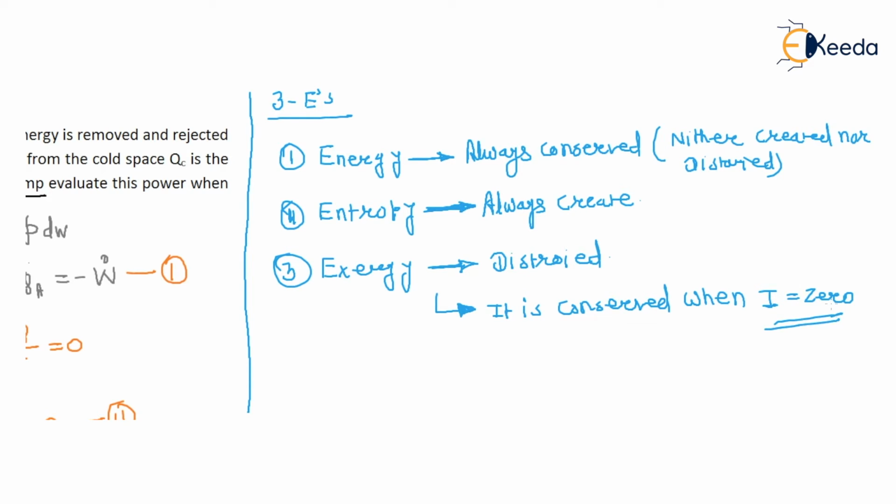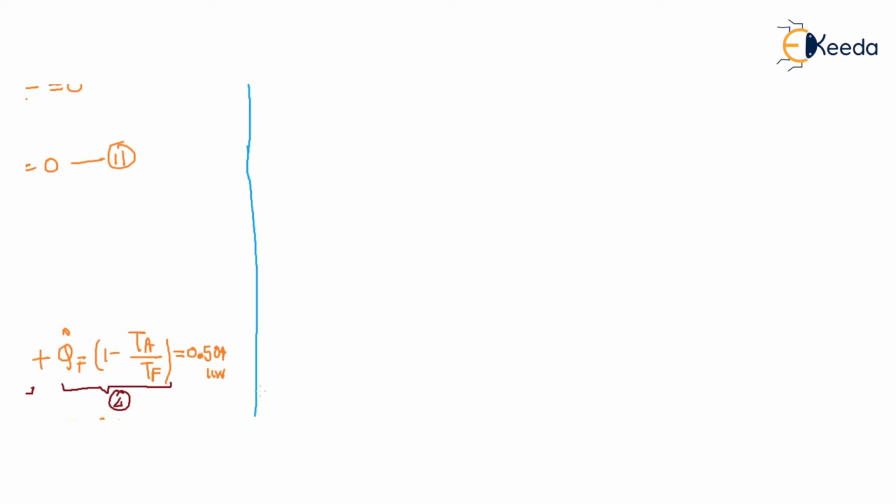And the other note point is this: see, if this is your fixed mass, there is a cylinder and this is your piston.